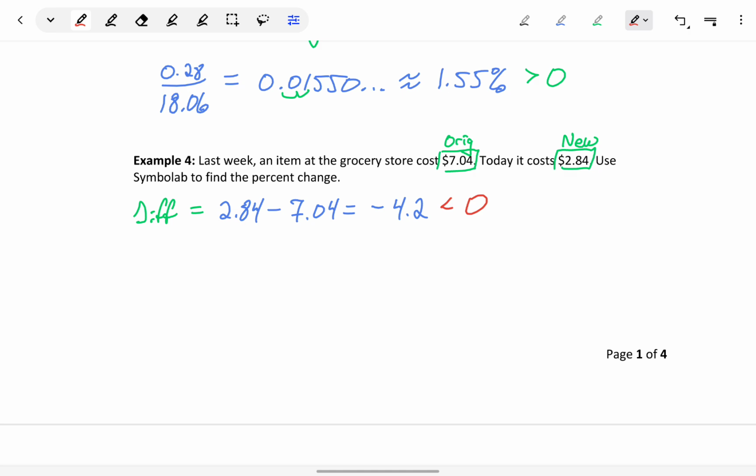The item has become more affordable. So we should see that connection. If the values are increasing, we should have a positive difference. Decreasing, we should have a negative difference. Then we'll set up the problem as that difference amount, negative 4.2, divided by the original value of 7.04, and that will give us our percent change.